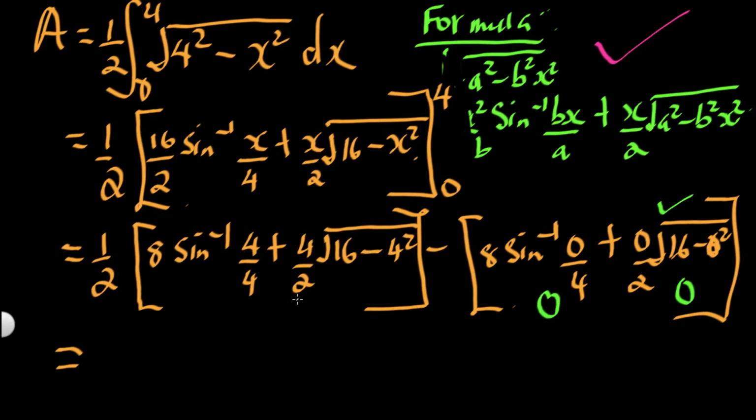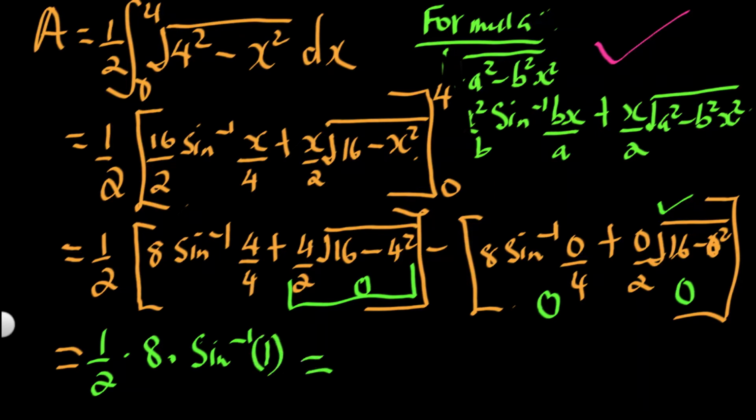If you look at this part also, it's just going to be a 0. So in essence, we're looking for 1 over 2 times 8 times arcsine of 1, because 4 over 4 is 1. This is essentially what we're looking for.